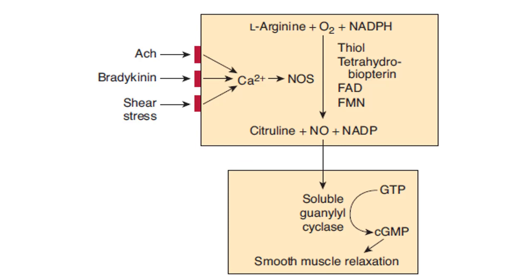mechanism. Also, some vessel constrictors such as angiotensin II can produce nitric oxide. Yes, it's important. Angiotensin II can produce nitric oxide because angiotensin II is a very powerful vasoconstrictor.